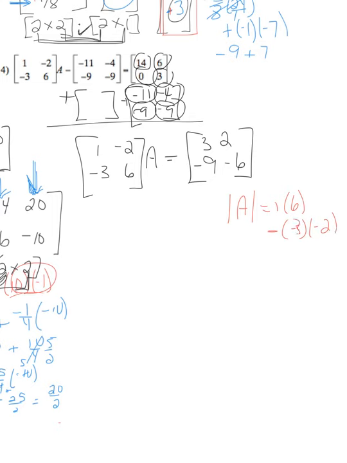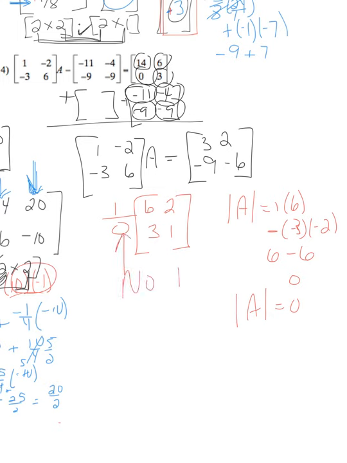So that looks like 6 minus 6, 0. So I've got a determinant of 0. So when I go do the inverse, it's going to be a 1 over 0 times, switch the order, 6 and 1, negate the other things, 2 and 3. You can't have 1 over the 0. There's no inverse.